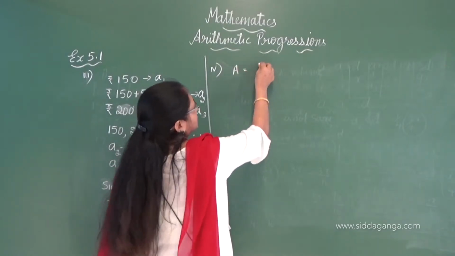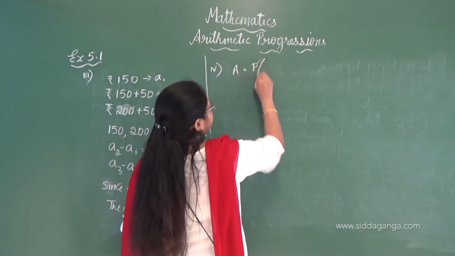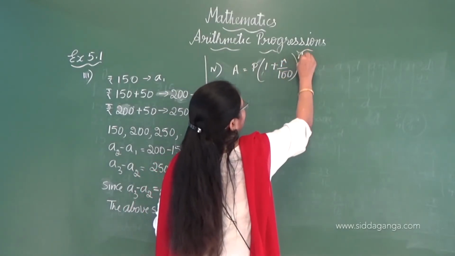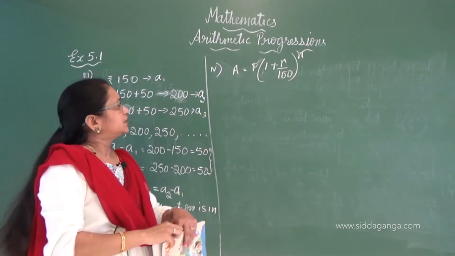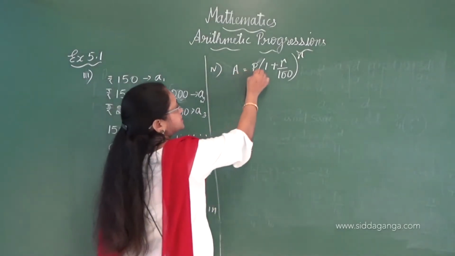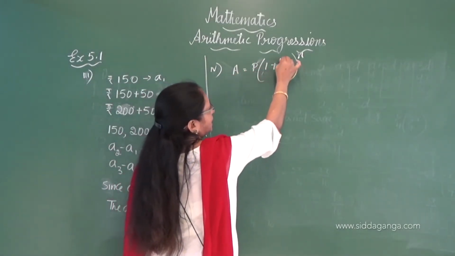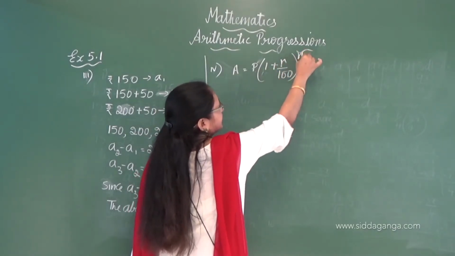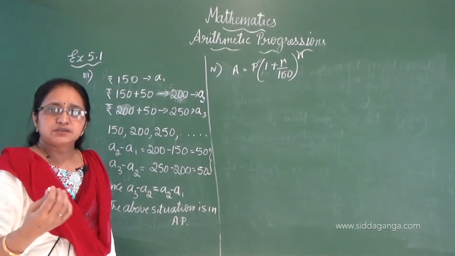A is equal to P into 1 plus R by 100 to the power of N. See here, A amount is equal to principal into 1 plus R, R is the rate of interest, by 100 to the power of N. N is the number of years.